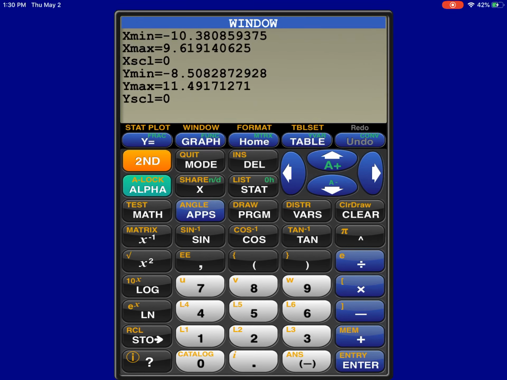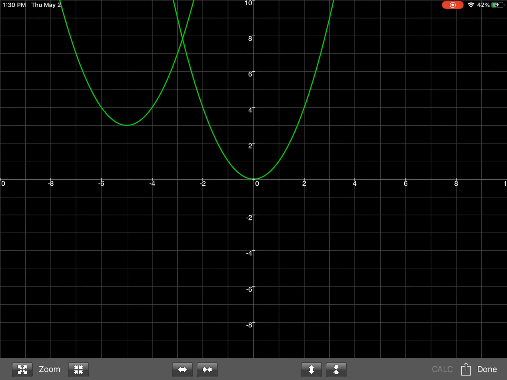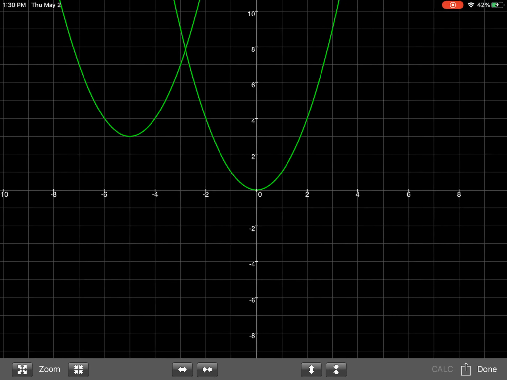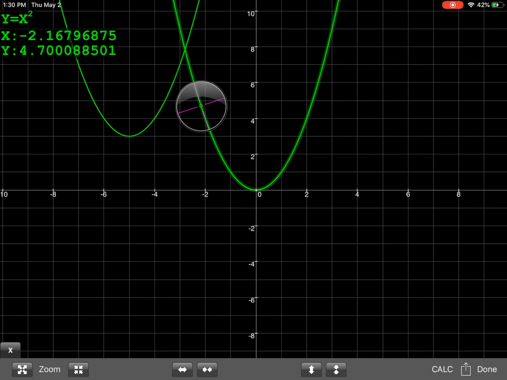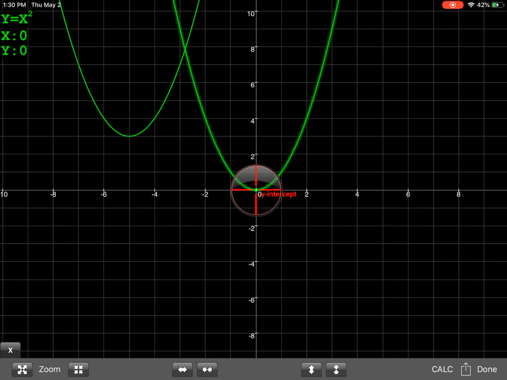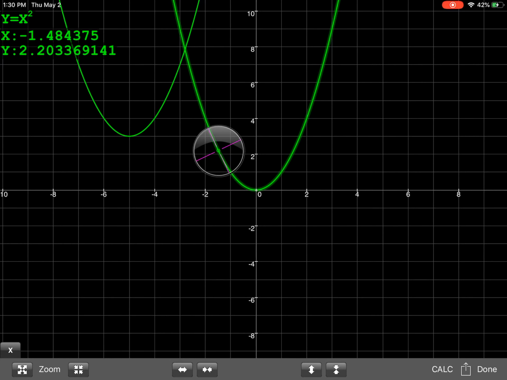And let me make sure that my calculator looks like your calculator. So I'm going to change my window. And there's my graph. So this parabola right here is my parent function, y equals x squared. Yours are going to graph at separate times. So if I'm looking from my vertex of one to my vertex of the other, it's going over 1, 2, 3, 4.